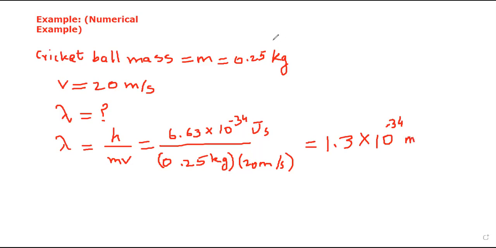So if you analyze this amount, this is 10 power minus 34. It means that 0.000000 and so on up to 34 zeros, and after it will be the 1 3. So it is a very small quantity which can be neglected in our ordinary life.